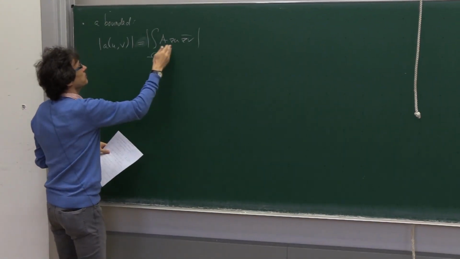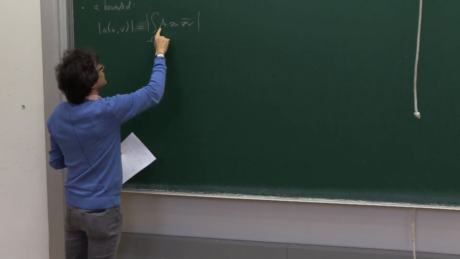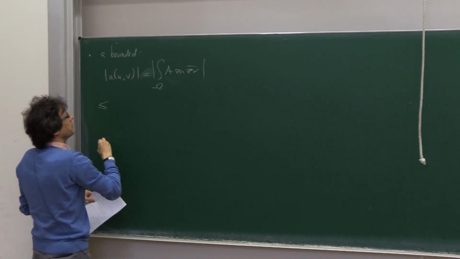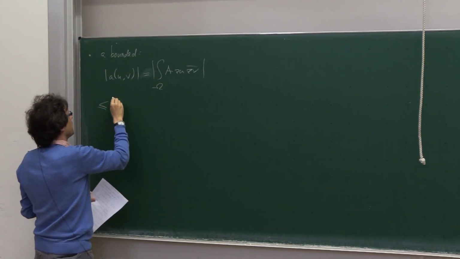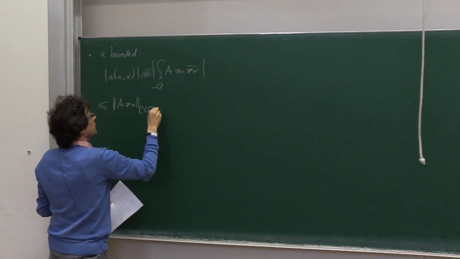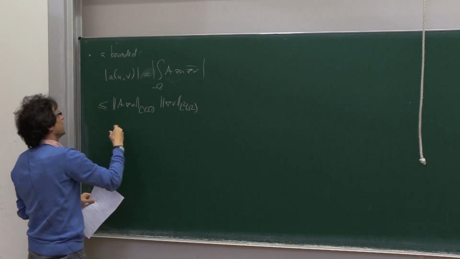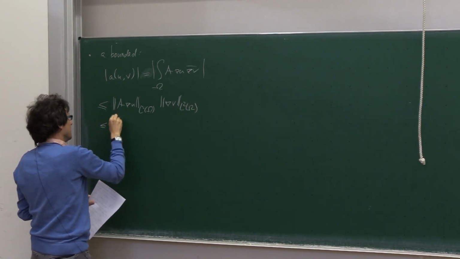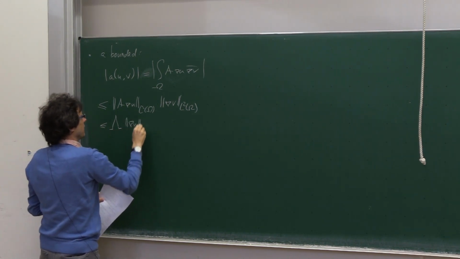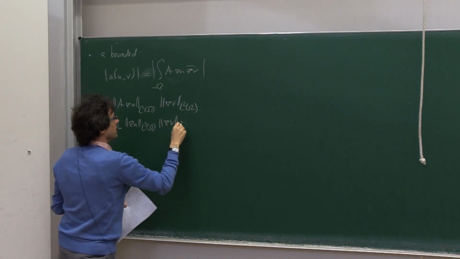So this is L2, this is L2, this is L infinity, so by Cauchy-Schwarz, you can bound this by A gradient u in L2 times gradient v in L2. Now this is L infinity, this is L2, this is less than the L infinity bound of A, which is lambda, times the L2 norm of the gradient of u, times the L2 norm of the gradient of v.